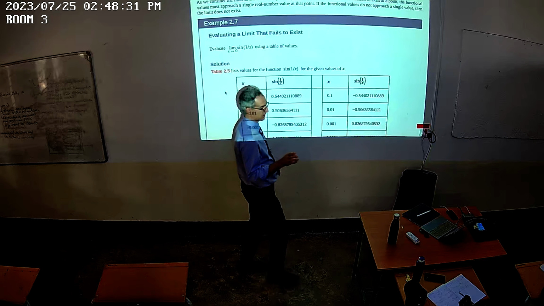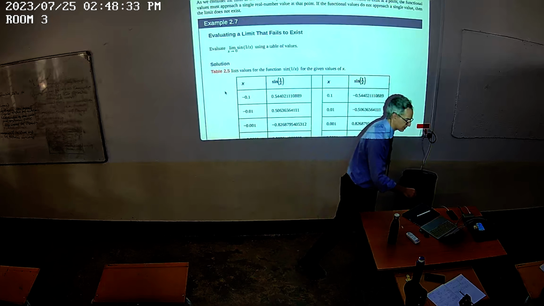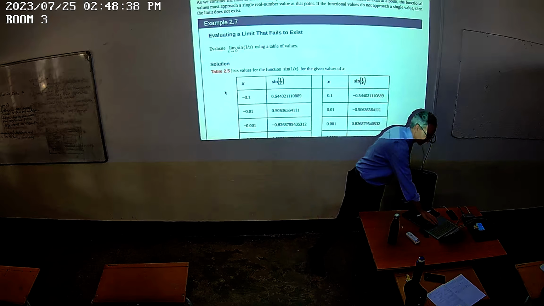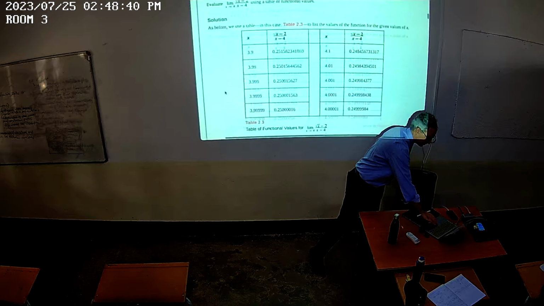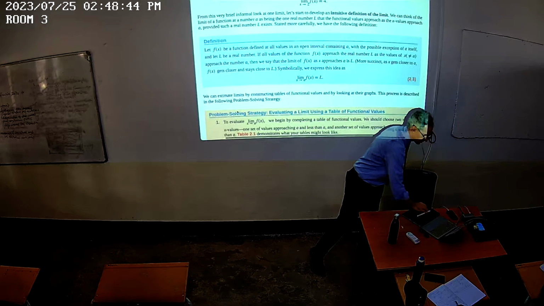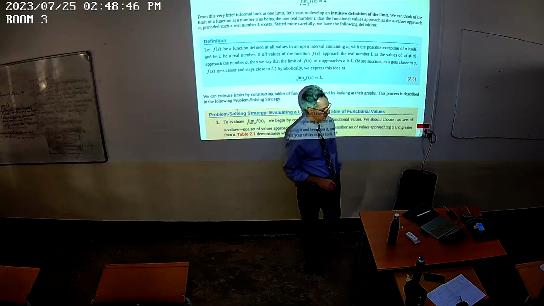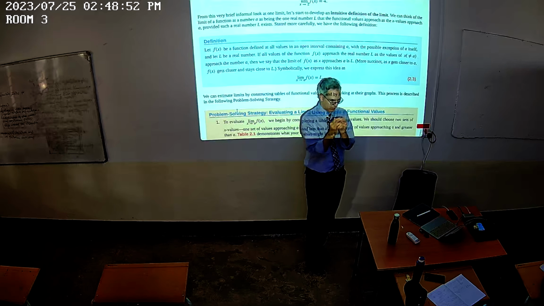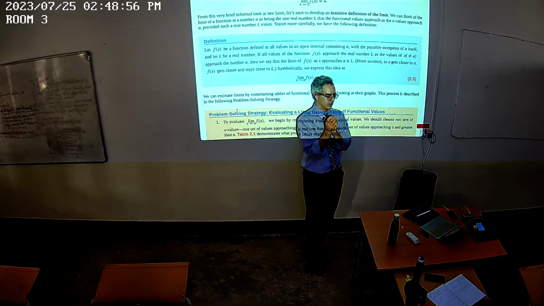We remember our intuitive definition of the limit was this: as x approaches a, if all the values of f of x around a are getting close to the same number, L, then L is the limit.